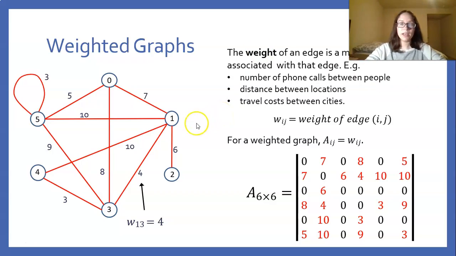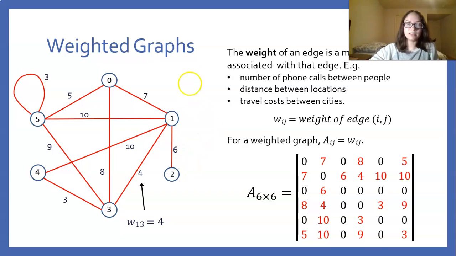For example, if you have the weight representing the number of phone calls between people, so let's say in our graph the nodes are representing people, and the edges are representing a phone call between one person and another. So right over here, we've got person 1, person 2, and they have an edge between them, which means that there was a phone call between them. So the weight of that edge might represent the number of phone calls between people.